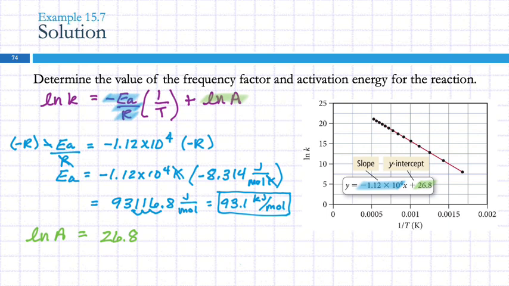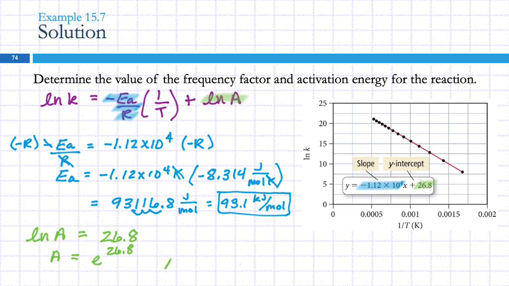To get rid of the natural log, we do e to the x. So A is going to be equal to e to the 26.8. And again, you can use the number solver and you don't have to remember how natural logs get undone because the computer, your calculator, which really is a computer, will do it for you. So e to the 26.8.